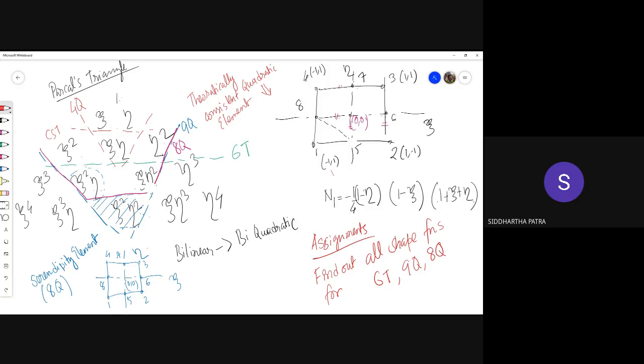You see, individually xi squared and eta squared terms are still obtained in the 8-noded quad element. That's why it is quadratic in xi as well as quadratic in eta, but you get to drop one term from the shape function, and that is not the only advantage. There are a few more advantages.